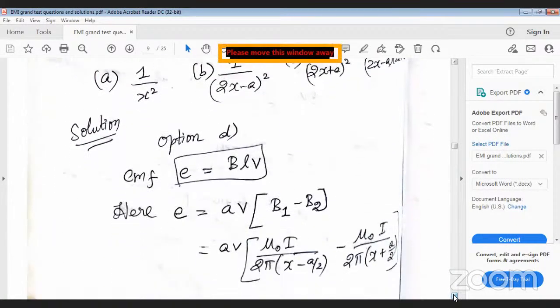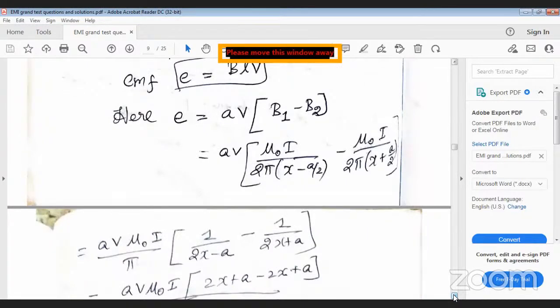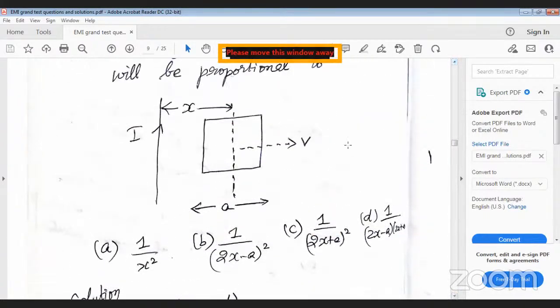So here B1 minus B2. Due to the long wire, what is the value of the magnetic field? You know this very well. I think we all might have studied this concept in magnetic effects of current. When you have a straight wire, what is the magnetic field due to the straight wire?